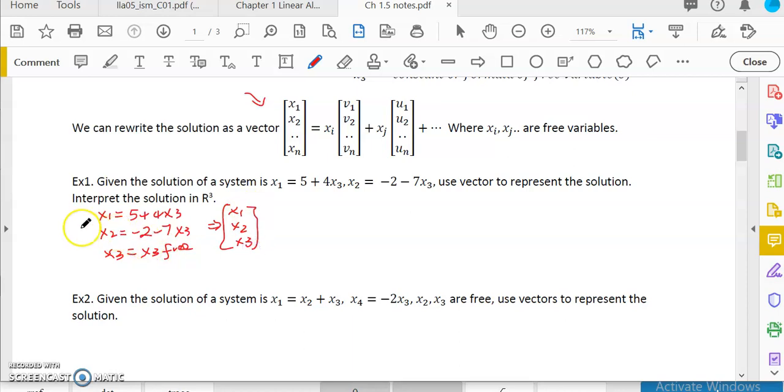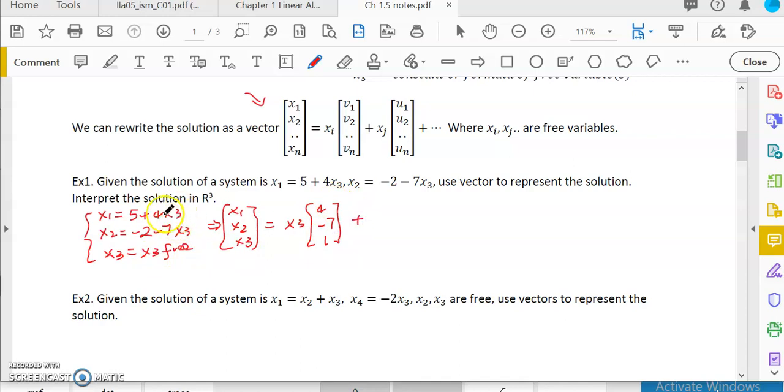Whenever I have a free one, I pull it out, and I say what the coefficients of x3 are in all of them. So this is 4 and negative 7. And this one is free, so that means 1.